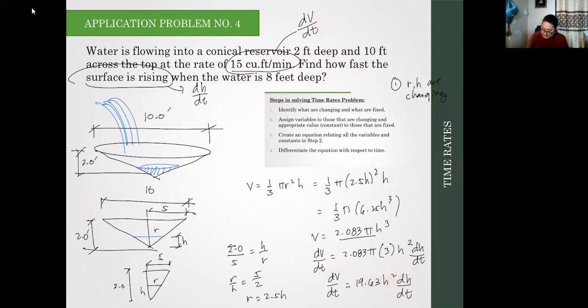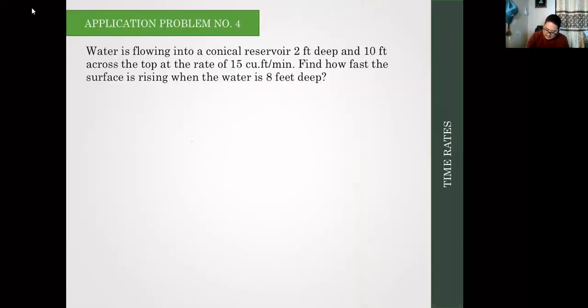So, that will be copy natin. Okay? Ayan. So, substitute natin. So, this will be 15 is equals to 19.63 times 8 squared dH over dt.